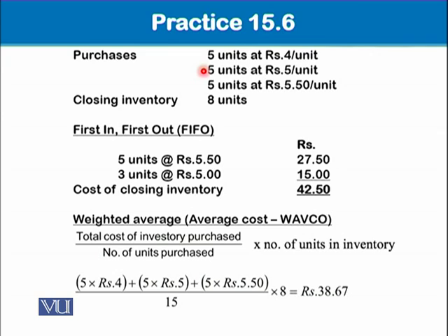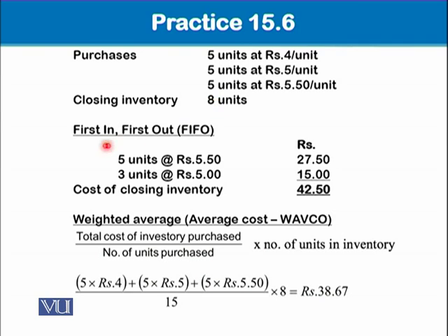And 2 out of the 5 units purchased at 5 per unit have been consumed. So 3 units are left out of these 5. And altogether the 5 units purchased at 5.5 are still unconsumed.